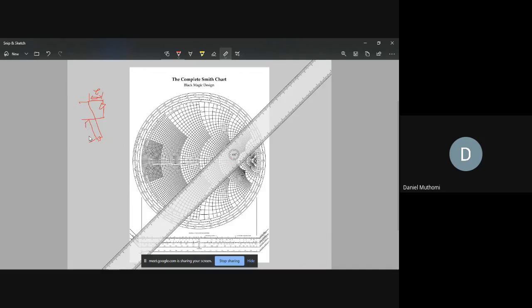Then the distance from where the stub will be to your, this distance here, L2, and we need to find the admittance of your stub. And in stubs, we use admittance, not impedance.